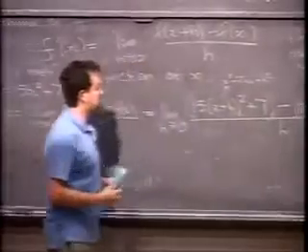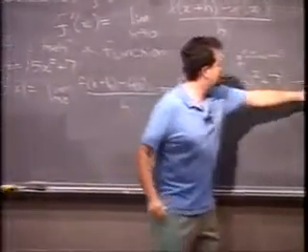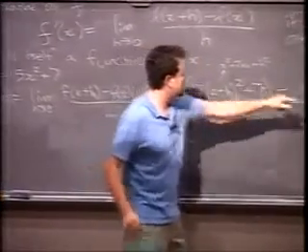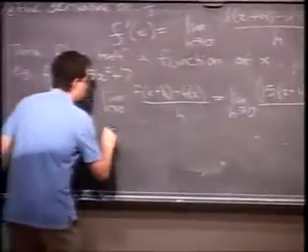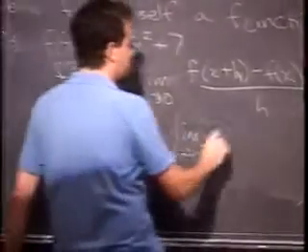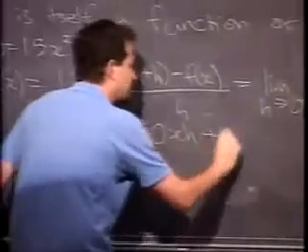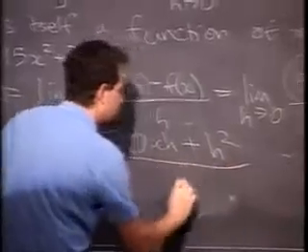And in the interest of time, I will just mentally cancel out the 15x squareds, and mentally cancel out the 7s. It is worth checking for yourself that what you end up with is actually 30xh, so that's the 15 times 2, plus 15h squared, over h.